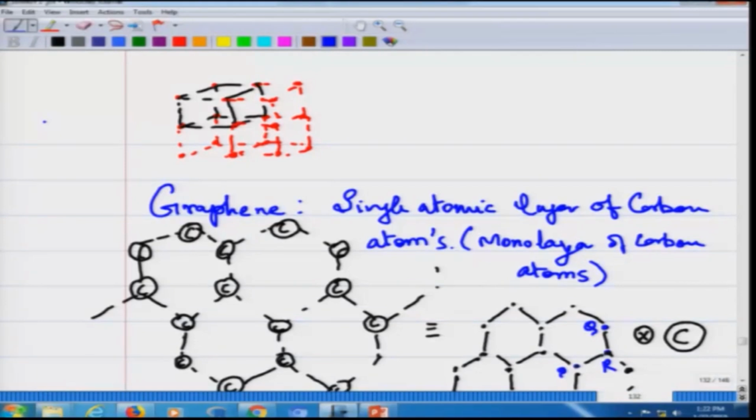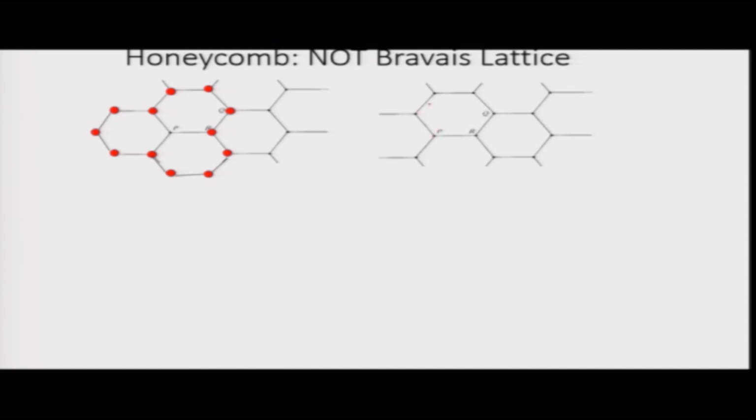So, to show you that, let us look at the following example. This is your honeycomb lattice, where you have these lattice points which are sitting at the vertices of this hexagon, and you have these 3 points P, Q and R, and we would like to see if the distribution of the other lattice points is exactly identical as you see from P. If you were to sit on Q, what is the distribution, and if you were to sit on R, what is the distribution.